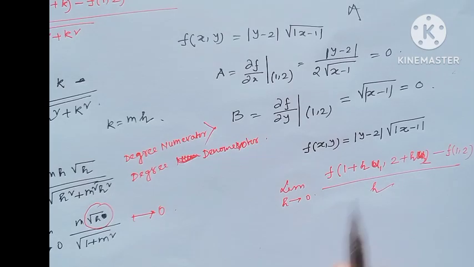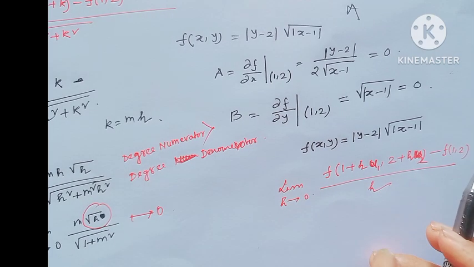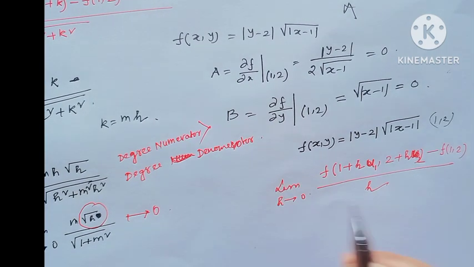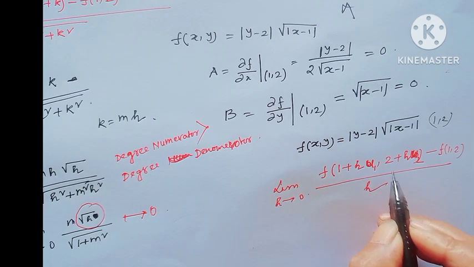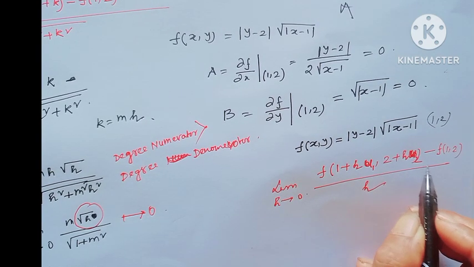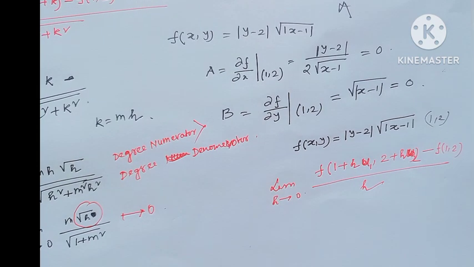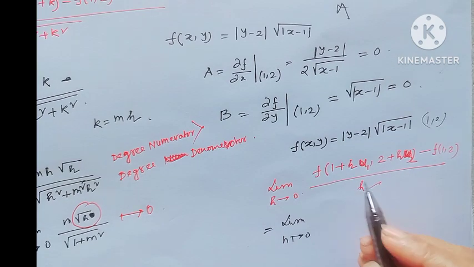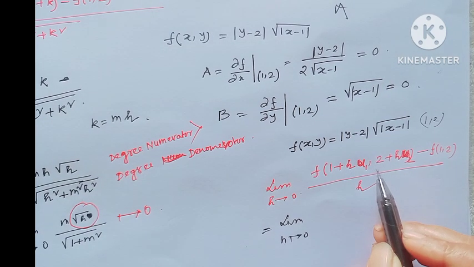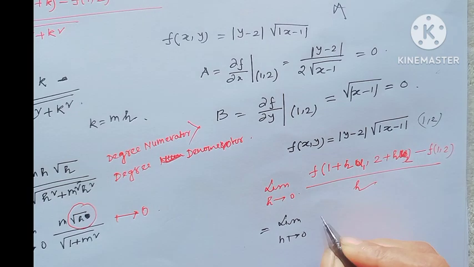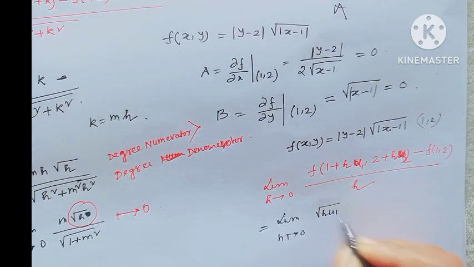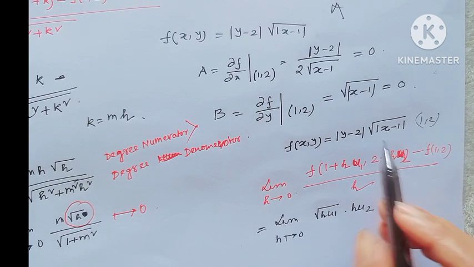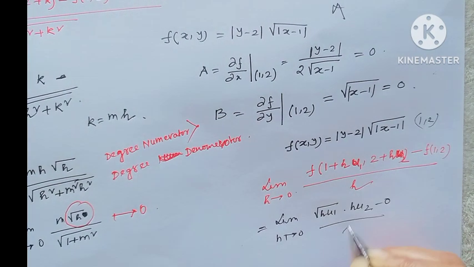For this, you have to check the directional derivative at the point 1, 2. So the definition is limit h goes to 0 of f of 1 plus h u1, 2 plus h u2, minus f of 1, 2, divided by h. For this, f of 1 plus h u1, 2 plus h u2 would be square root of h u1 times h u2, and if you put 1 in this value it would be 0, divided by h.